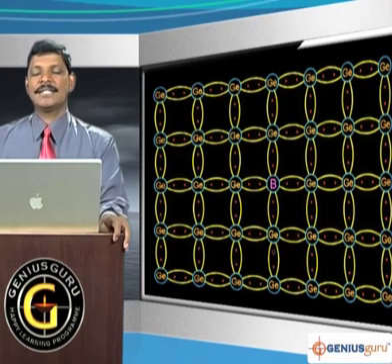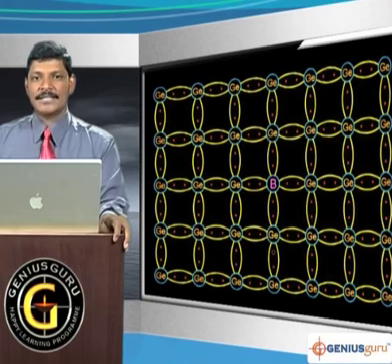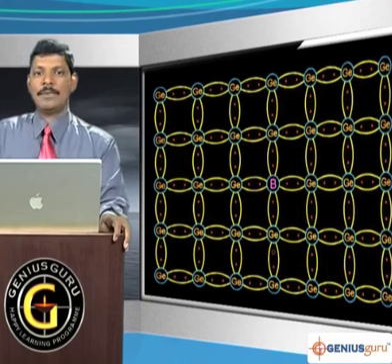Here the majority charge carriers are holes. In N-type semiconductors, due to the addition of a pentavalent material, the conductivity is due to a larger number of free electrons, so the majority charge carriers are electrons. This is the classification of intrinsic and extrinsic semiconductors.